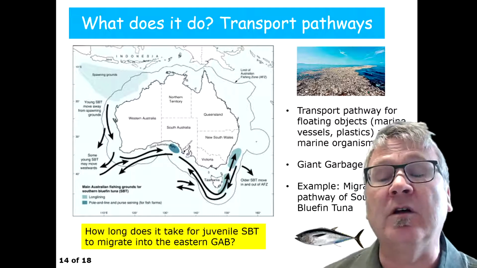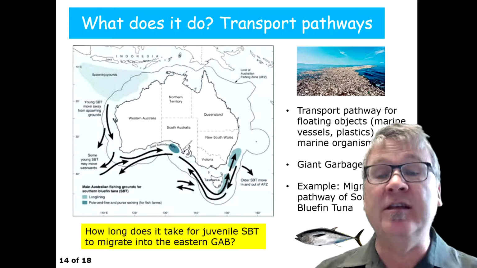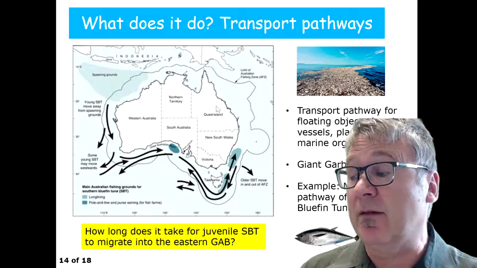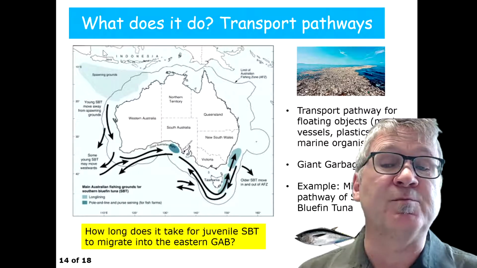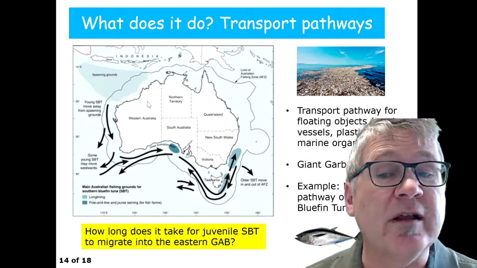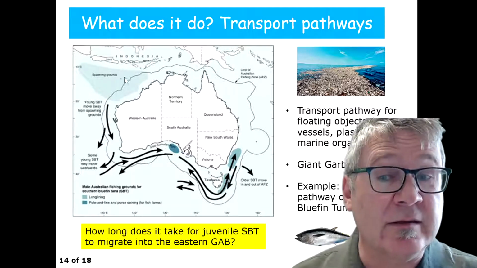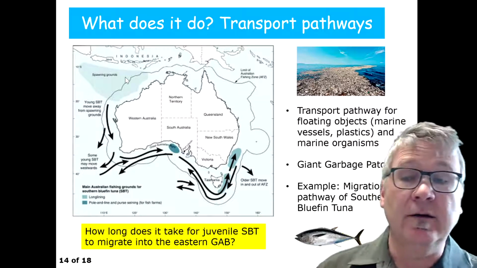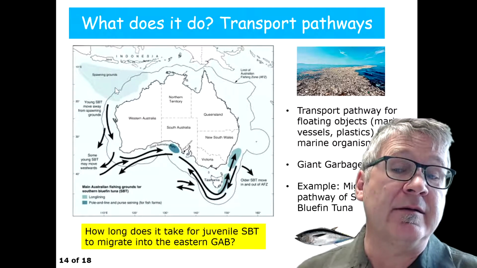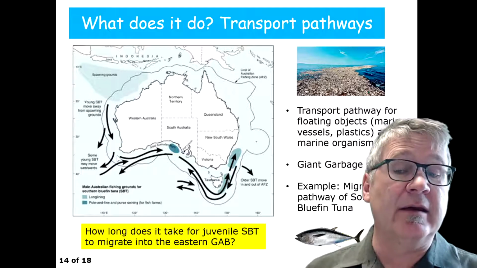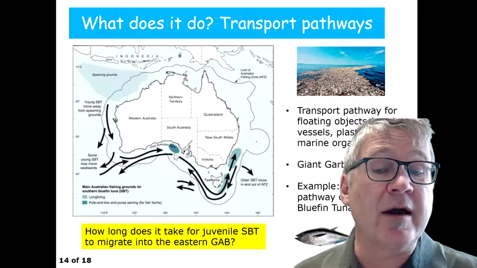Okay, southern bluefin tuna. And the spawning grounds of this species is in Indonesian waters. Okay, see here, this is sort of Indonesian water region spawning grounds to the northwest of Australia. Okay, we know that the juvenile, the young fish, actually moves away and moves to the south and arrives in the eastern Great Australian Bight.